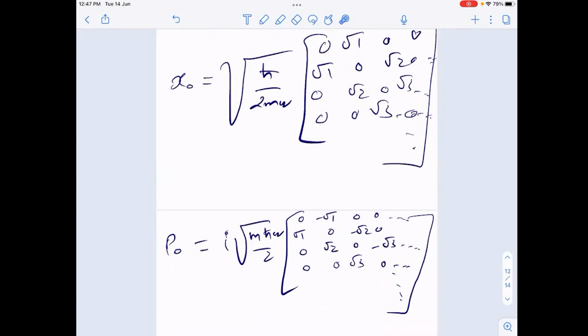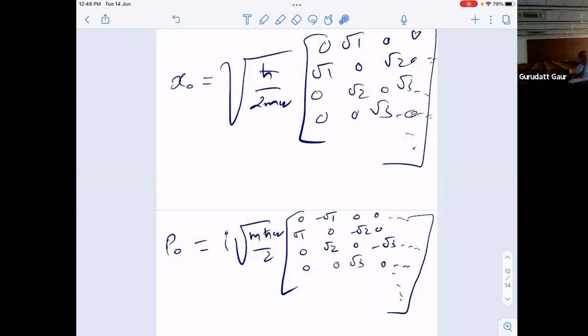Now remember, matrices of x0 and p0 are not diagonal matrices, right? Only your Hamiltonian matrix is a diagonal matrix. So what does it say? The matrices of x0 and p0 are non-diagonal, right?